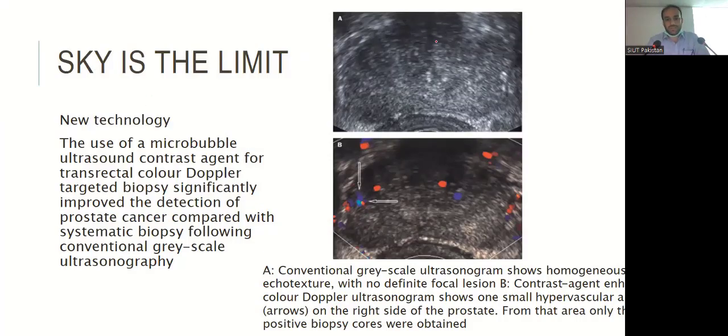In the first picture, the conventional grayscale ultrasonogram shows homogeneous echo texture with no definite focal lesion. In picture B, the contrast agent enhanced color Doppler ultrasonogram shows one small hypervascular area on the right side of the prostate.